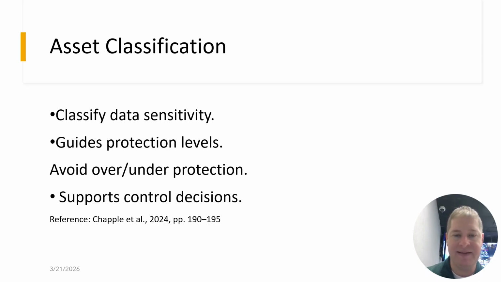For example, highly sensitive data may require encryption and strict access controls, while public data may not need much protection. One key challenge is avoiding overclassification or underclassification. Overprotecting data wastes resources, while underprotecting it increases risk. Proper classification helps organizations apply the right level of security controls efficiently.